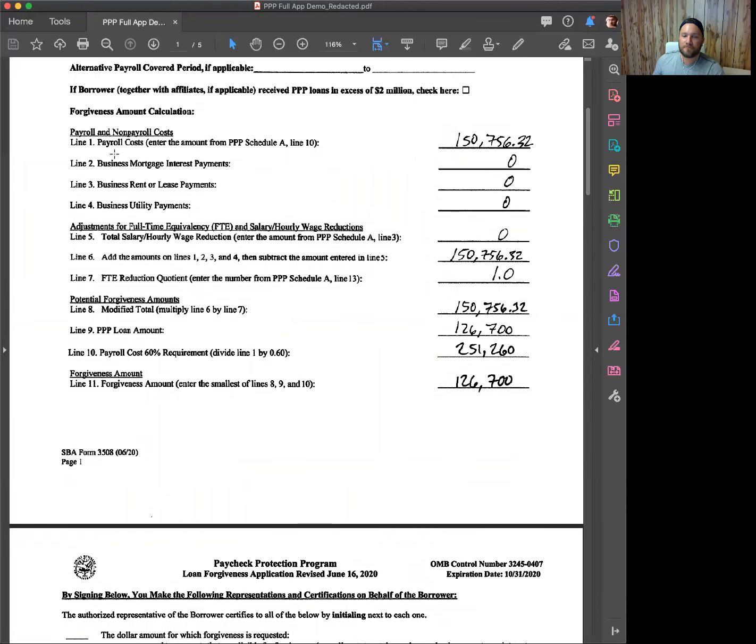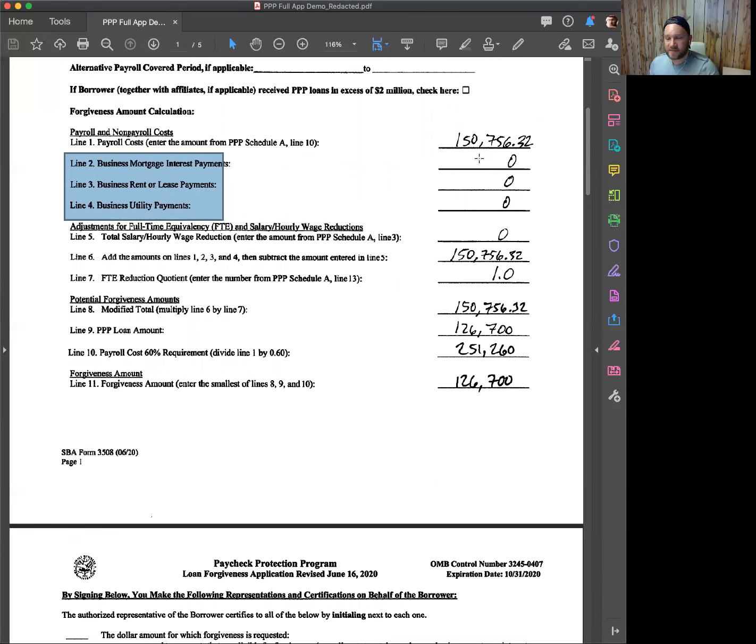On line 2, mortgage interest payments. That's another piece of this that would be allowable, right? Up to a certain percentage, right? Initially, it was less. Now you can use this for up to 40% could be non-payroll items. So these 3 things right here: interest payments, rent or lease payments, and utility payments. Now, because anything you put here will require substantiation, you're going to have to show receipts, documentation for it.